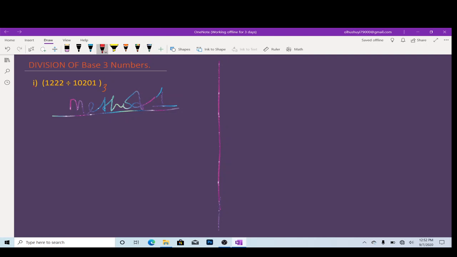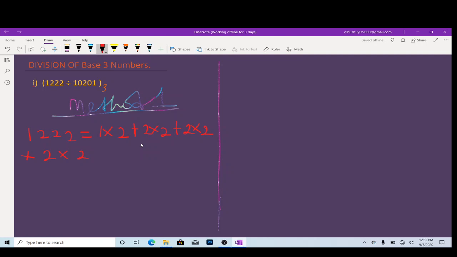So if you go by method 1, you have to change base. This is already in base 3, so you change to base 10. 1, 2, 2, 2. That equals 1 times 2, plus 2 times 2, plus 2 times 2, plus 2 times 2.